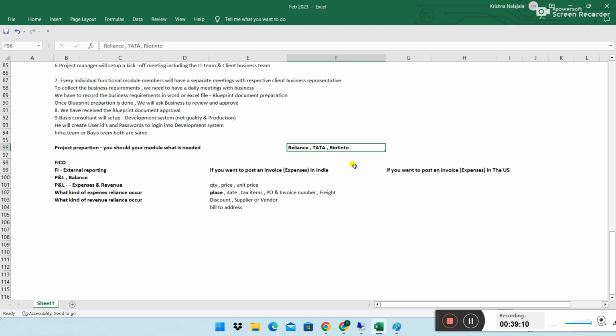Maybe he's in India, he's from the US, but he does business operations in multiple countries. Some clients might have 50 countries, 100 countries, 150 countries. If a multinational company is developing the SAP application for that client, and they have a huge business, you need to understand the dots between company codes, let's say countries to countries.